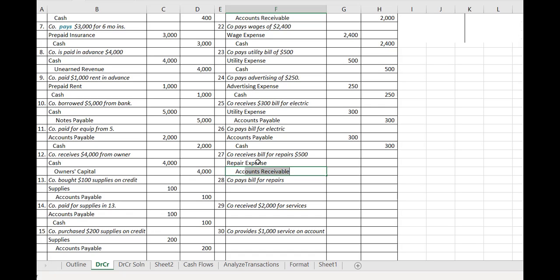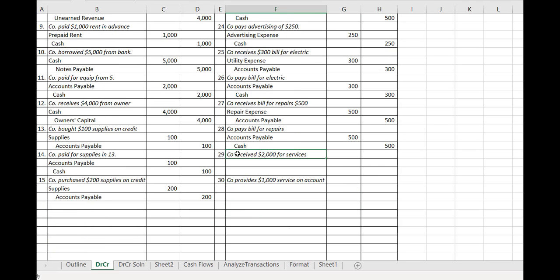And this would be another accounts payable. I think it's $500. Okay, and now we pay the repair bill. So I'm going to debit accounts payable, decrease the payable, and decrease cash. Almost there.